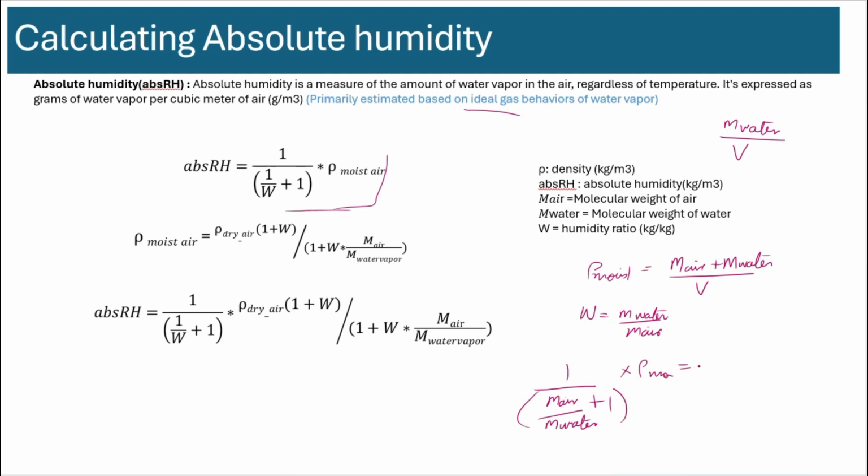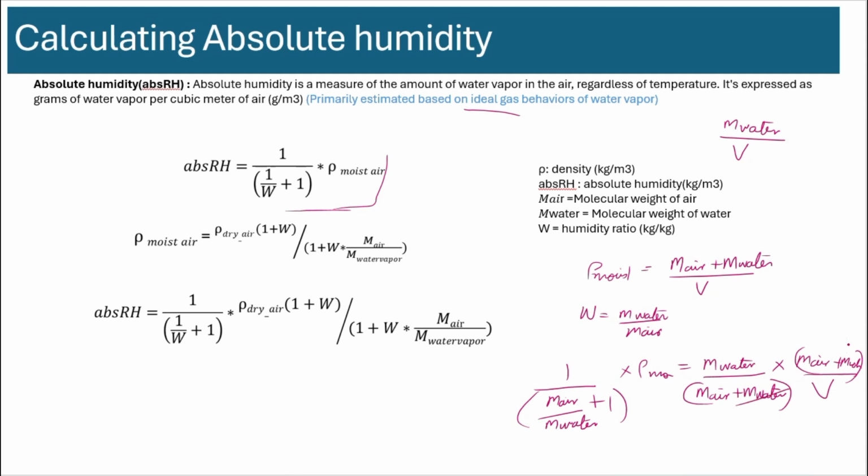It's equal to m water divided by m air plus m water, times density of moisture, which I have written here as m air plus m water divided by volume.